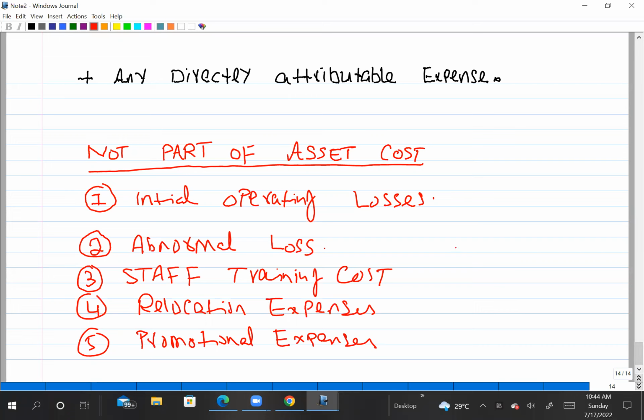And number six, general and administrative overheads. These are also known as centrally allocated overheads. These are not capitalized as part of the cost of the asset.